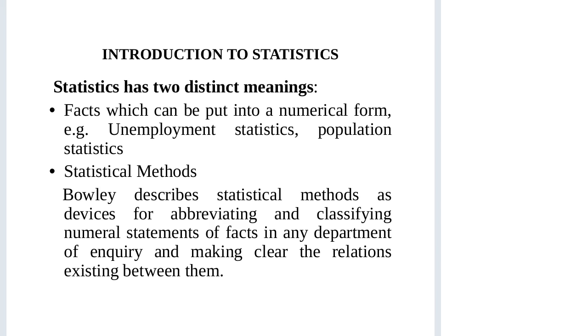Now, the second meaning of statistics is what we refer to as statistical methods. What are statistical methods? Statistical methods are simply devices for abbreviating and classifying numerical statements or facts in any department or field of inquiry, and making clear the relationship that exists between them.